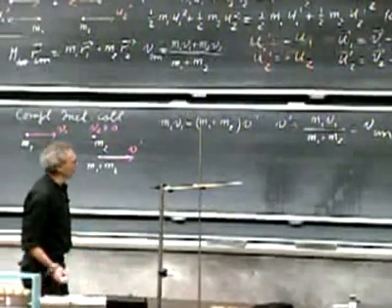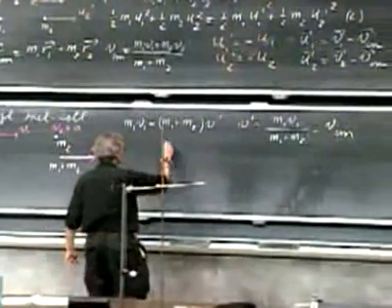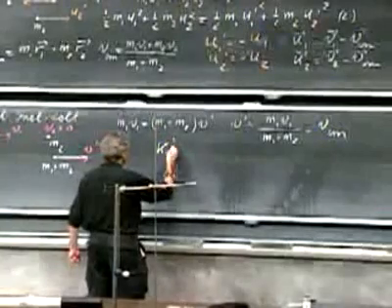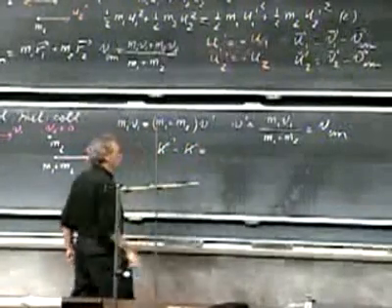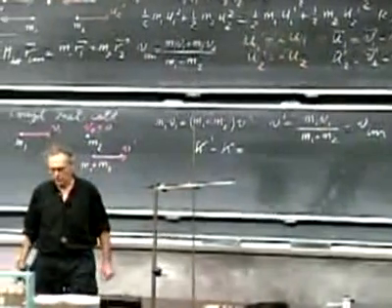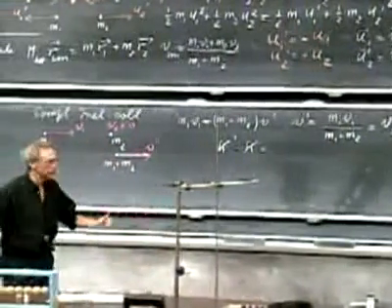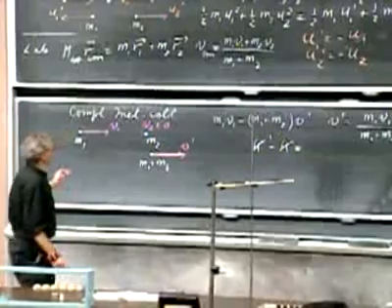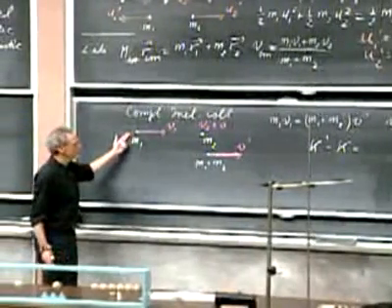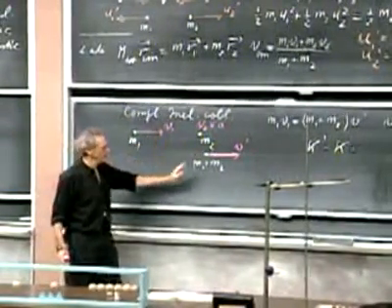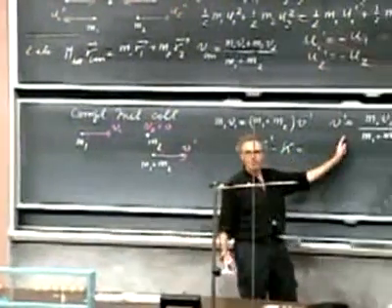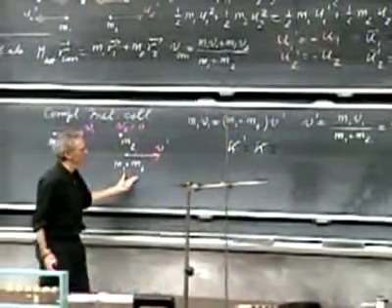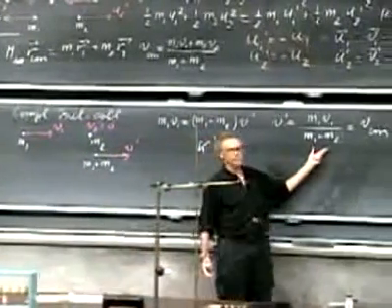Now we can calculate what the difference is between the kinetic energy after the collision and the kinetic energy before the collision. That is, of course, something that is rather trivial. You know what the kinetic energy is before the collision. It's 1/2 m1 v1 squared. And you know what it is after the collision. I calculated v prime, and so you have to take half this mass, multiply it by this velocity squared.